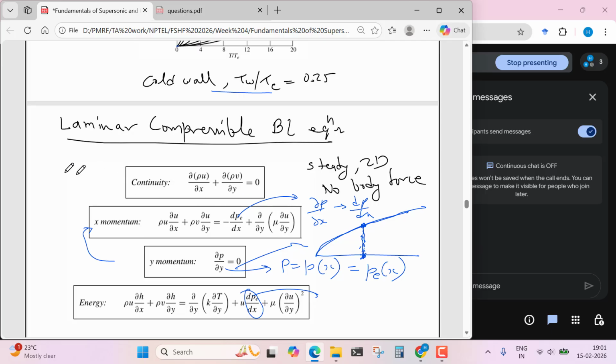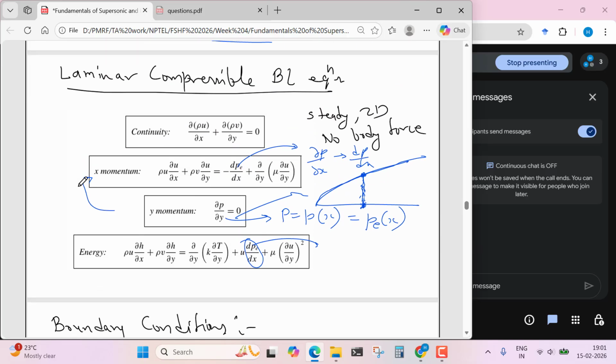Okay, then we will see some theory now. Laminar compressible boundary layer equations. The continuity equation is given by dou u dou x plus dou v dou y equal to 0.